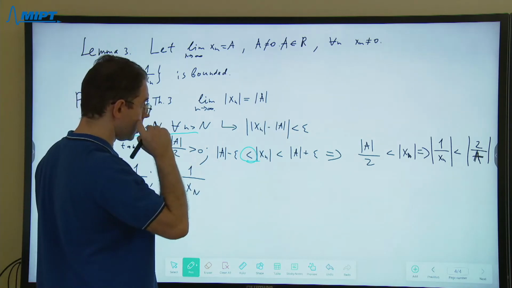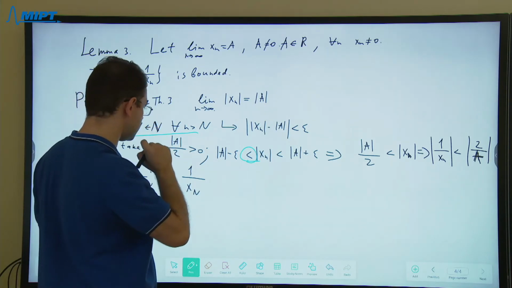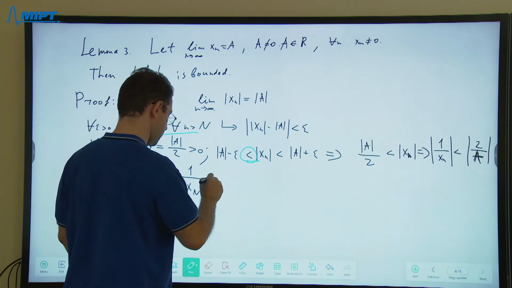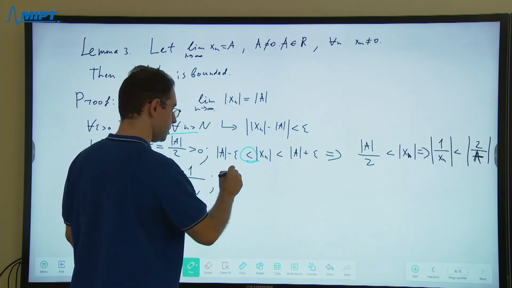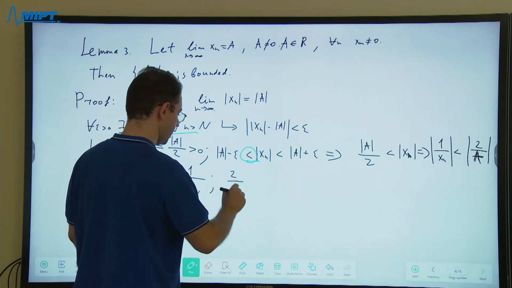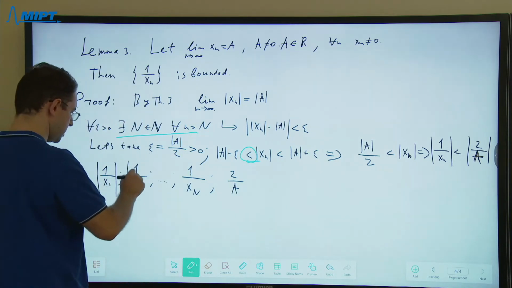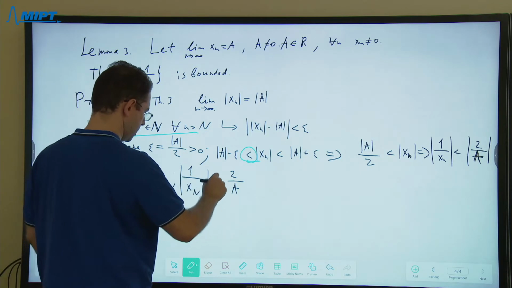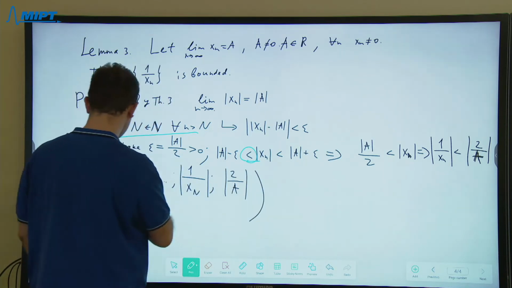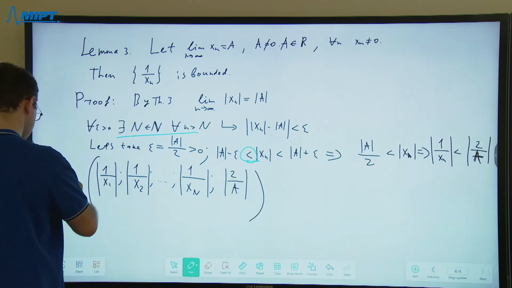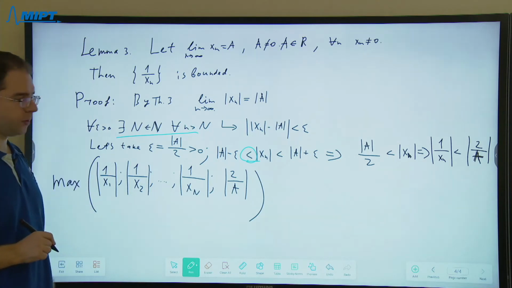And let's take this value 2 divided by a, and let's take absolute values of all of those values, and let's take the maximum of all of those values.